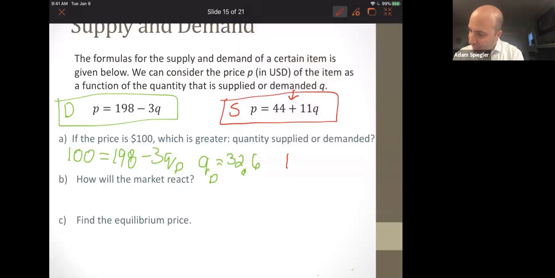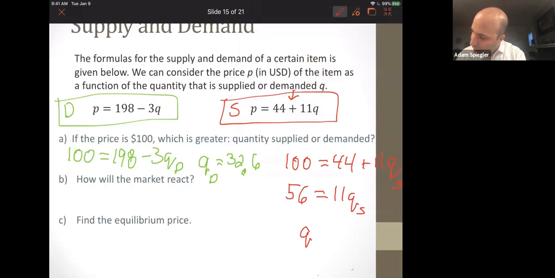And for the supply side, if we set the price at 100, we can figure out the quantity supplied at that point. So we could subtract the 44 from both sides. So that would be 56 is equal to 11Q, and then dividing by 11 would give us a little bit more than 5.